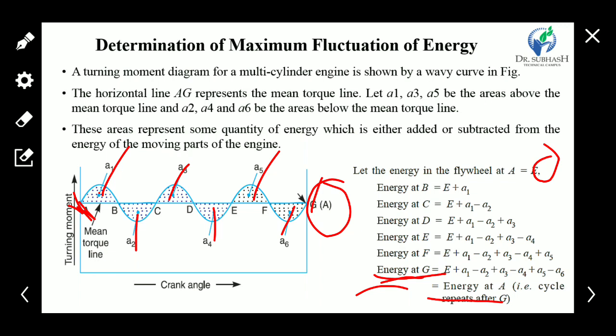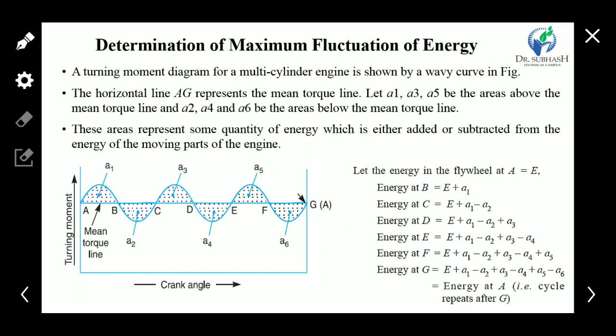Okay, so for maximum energy and minimum energy, we have to decide at which points to get the maximum fluctuation of energy. The maximum energy is at the B point, E plus A1. We might consider the minimum energy at the G point, but it has an initial energy, the same as the A point, so the minimum energy is taken at the E point.